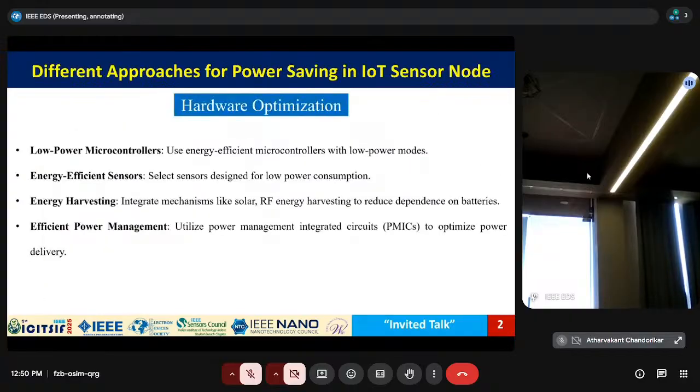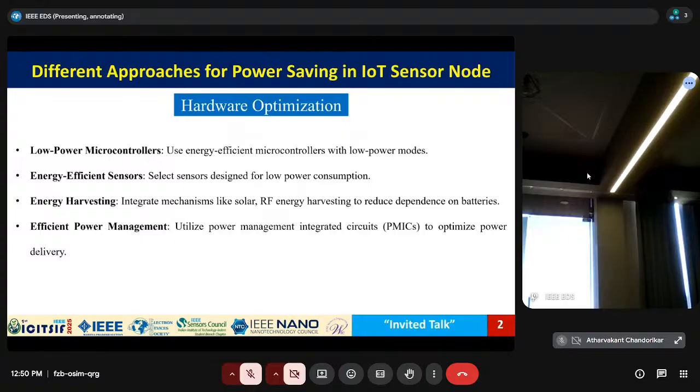So these are the different approaches to save power. You can choose a low power microcontroller, which consumes less current to complete your task. You can use an energy efficient sensor. While purchasing the sensor, check its power consumption.